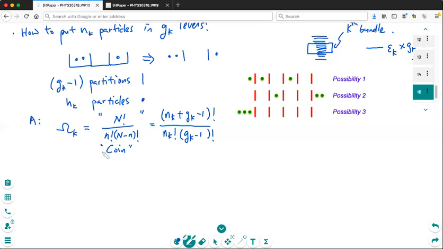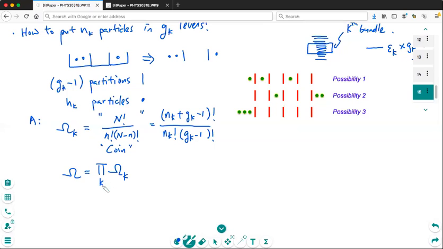And now we have more than one bundle. We have many of them. So if you have many of them, you need to consider all possibilities, and that will be the product. Okay, this is something for you to think about. Why is it a product, not a sum?